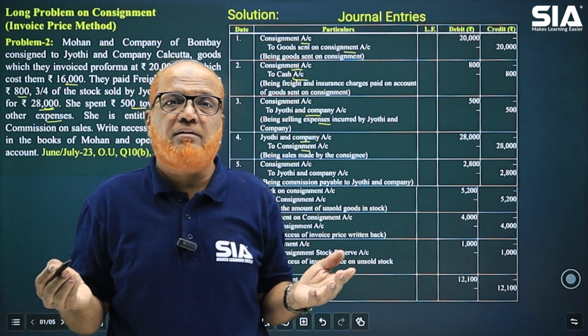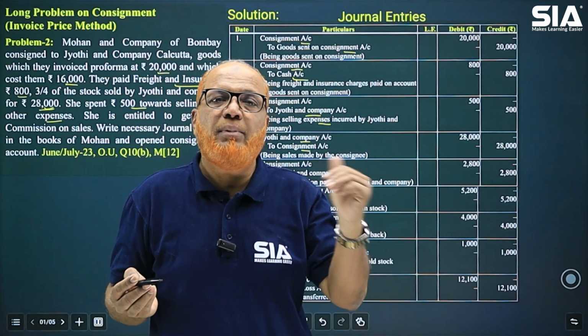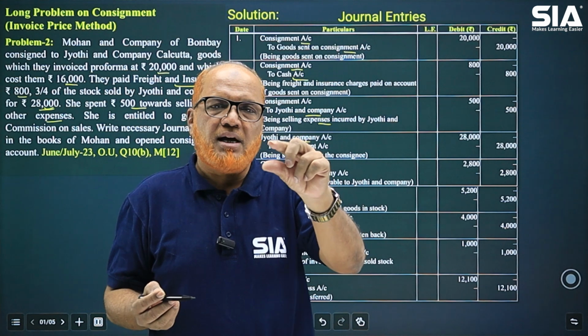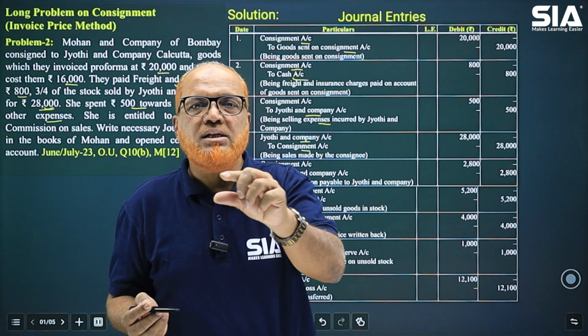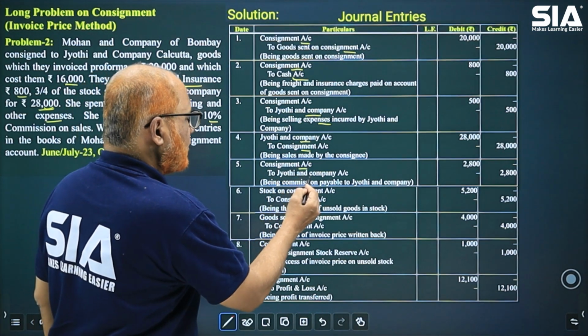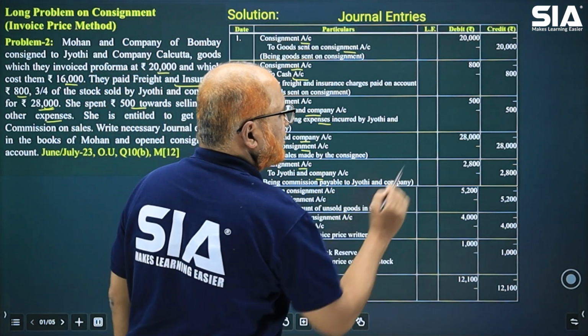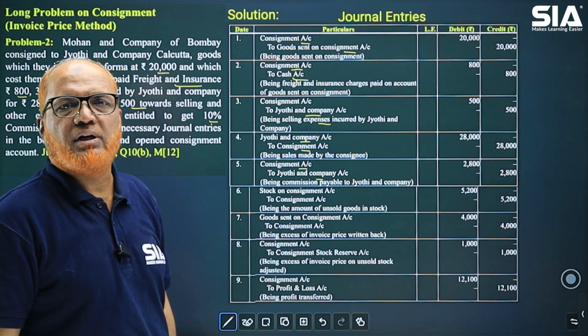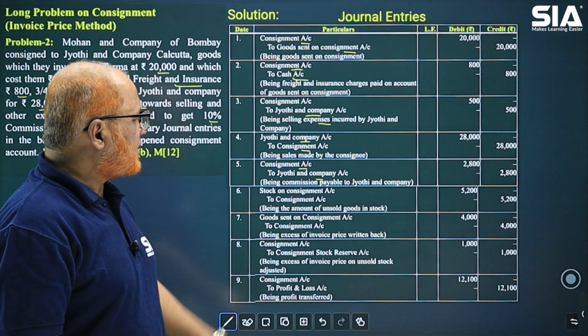Because it's an expense, consignment account should be debited. So consignment account debit to consignee or Jyoti account. So consignment account debit to Jyoti account 2,800, 10% of 28,000. That's all.